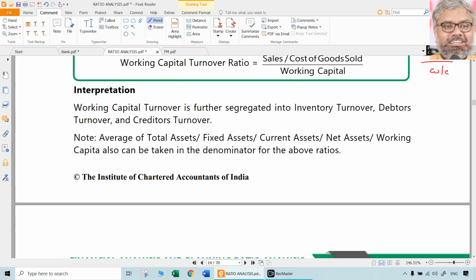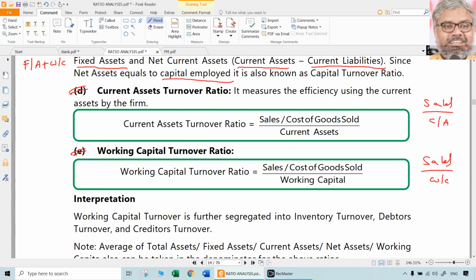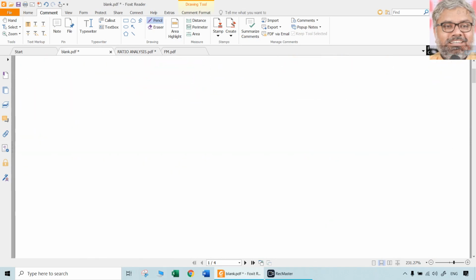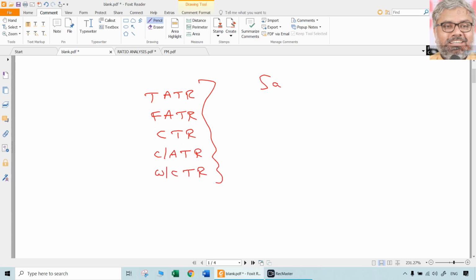So the point of all these turnover ratios so far, 5 different turnover ratios, whether it is total assets turnover ratio, fixed assets turnover ratio, capital turnover ratio, current assets turnover ratio, or working capital turnover ratio. In all of them, numerator is sales or cost of goods sold, as the case may be.